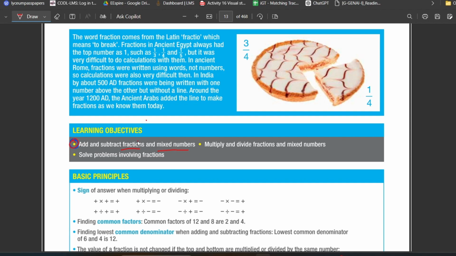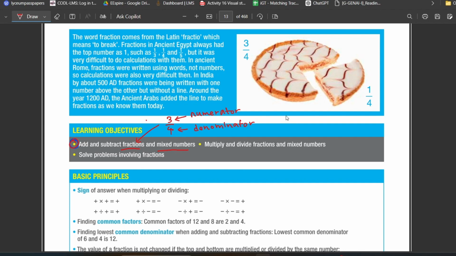You know fractions from earlier classes, so it's something like this. This is called the numerator. This is called the denominator. And you know mixed numbers.